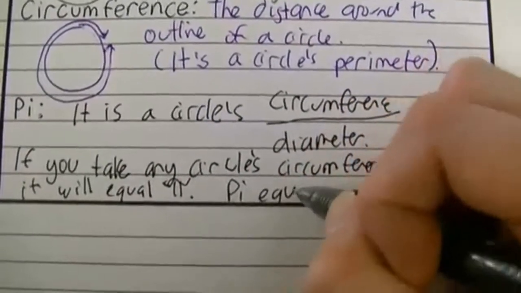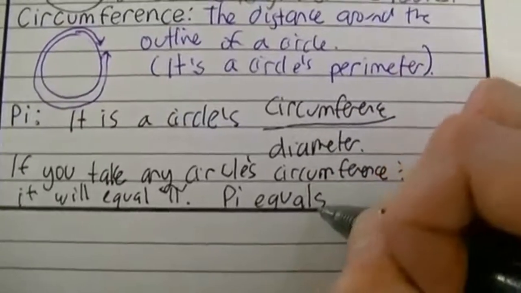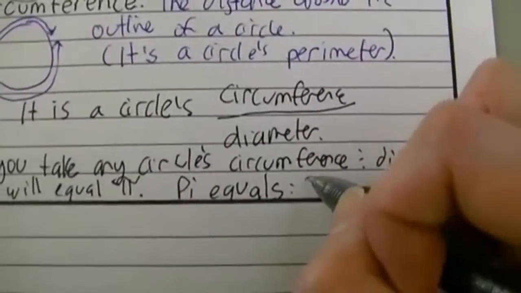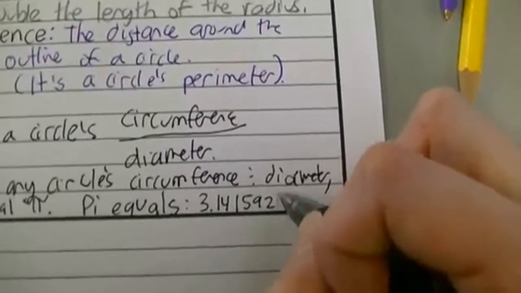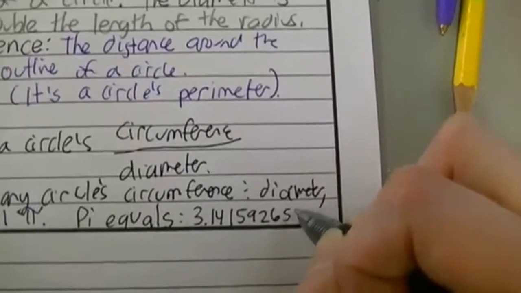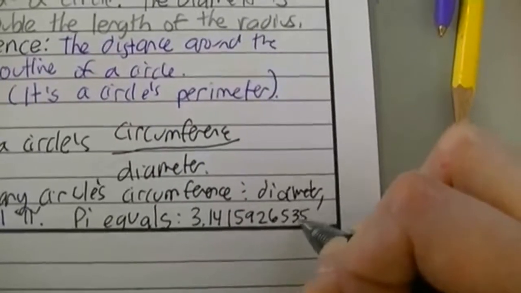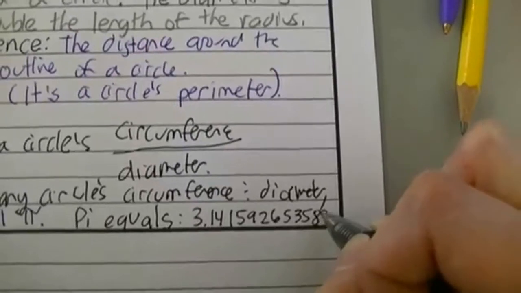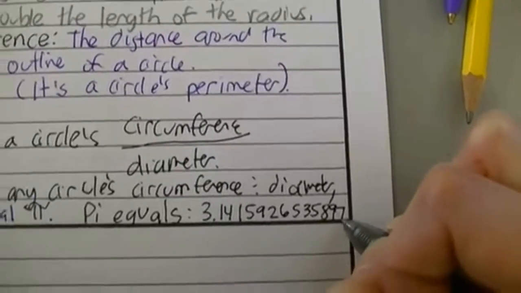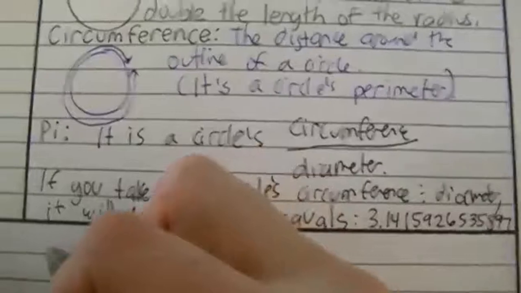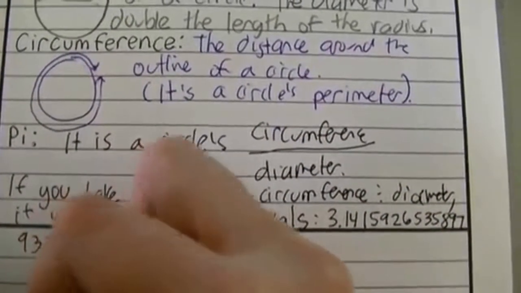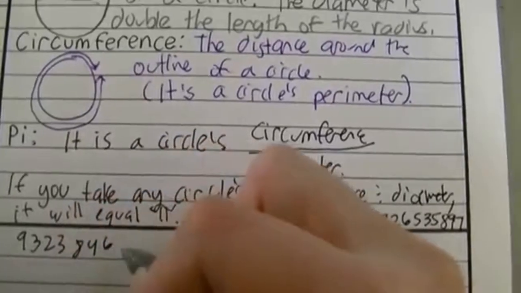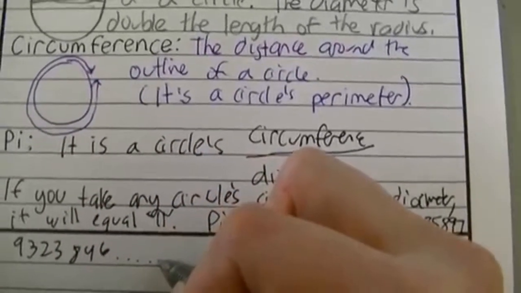Pi equals, if you want to see the numbers, 3.1415265897, I'm continuing it, 7932386, and that goes on forever and ever.